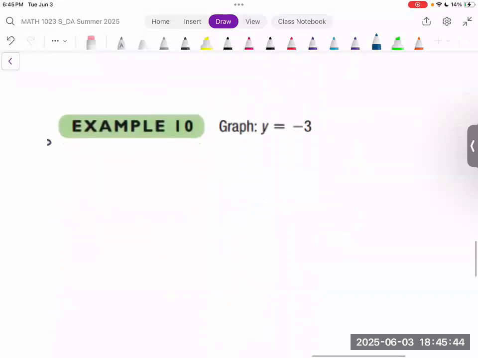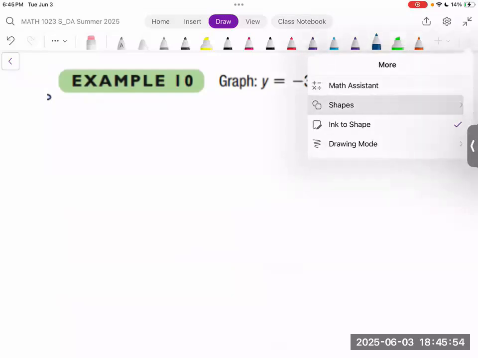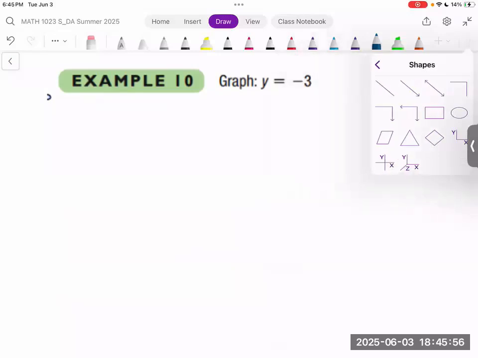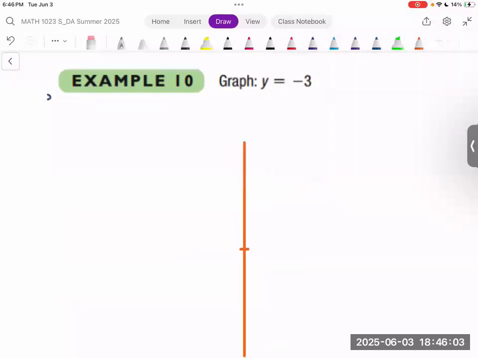For the next one, y equals -3 is done the same way. You label x and y, and then you look for y equals -3.